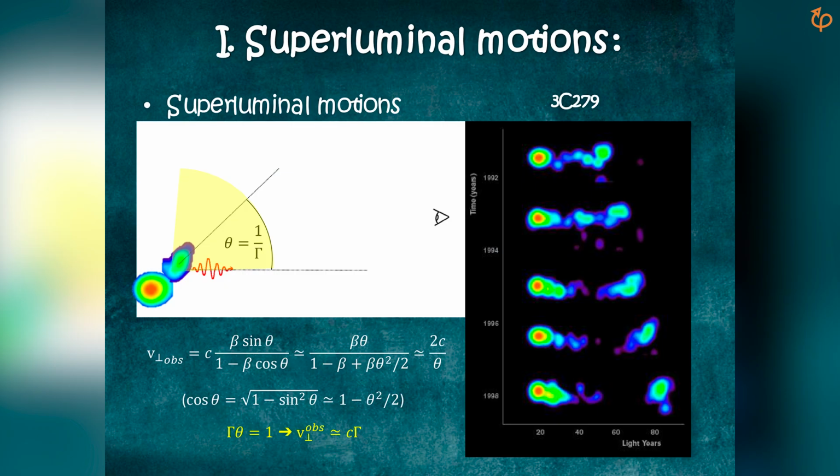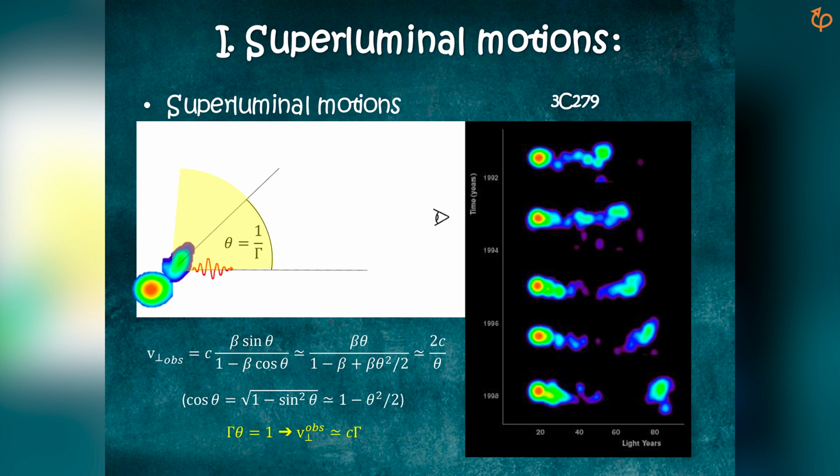Okay, so back to the blob and the observer. Now, if this blob is moving at a Lorentz factor of gamma, the maximal angle that it can have is theta equal to 1 over gamma, because again, this is the beaming. This is where all of its energy is focused. So I cannot see blobs that are moving at angles larger than 1 over gamma.